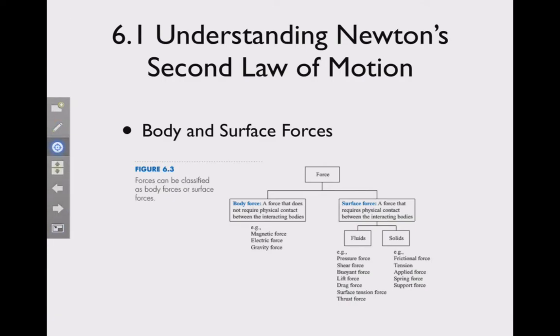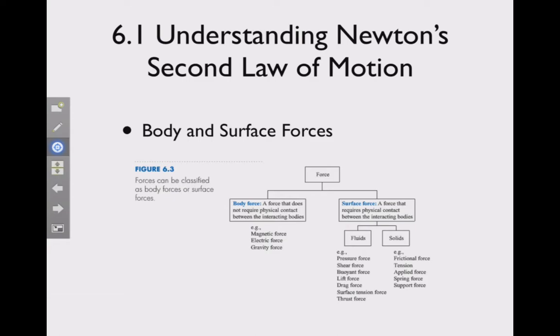The book describes that in order to understand Newton's second law of motion, it's important to understand the different types of forces that we might have to deal with in different problems. The first it states is surface forces, and these are forces where things have to be in physical contact.